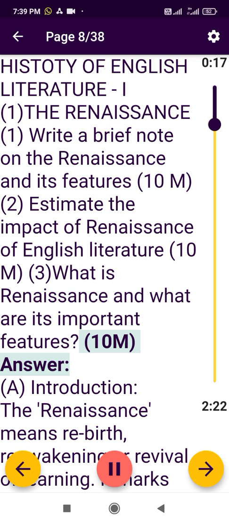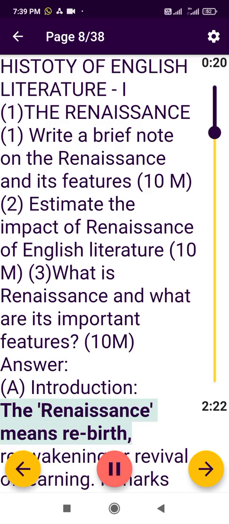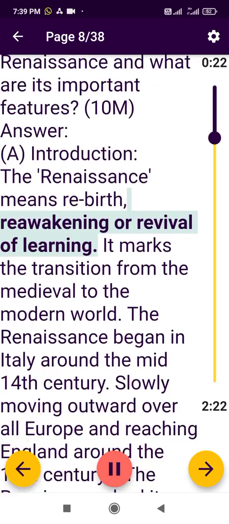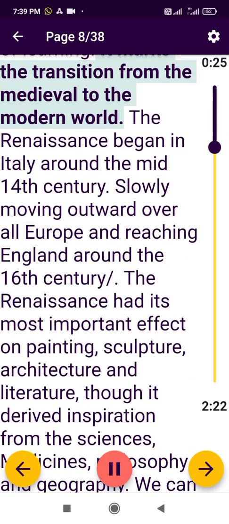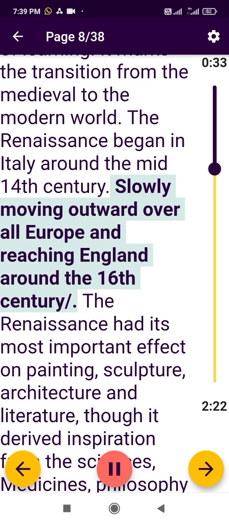Answer. A. Introduction. The Renaissance means rebirth, reawakening or revival of learning. It marks the transition from the medieval to the modern world. The Renaissance began in Italy around the mid-14th century, slowly moving outward over all Europe, and reaching England around the 16th century.